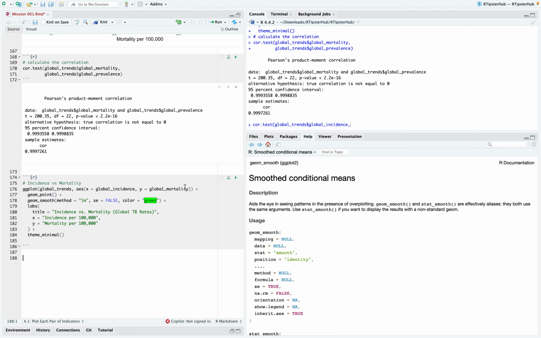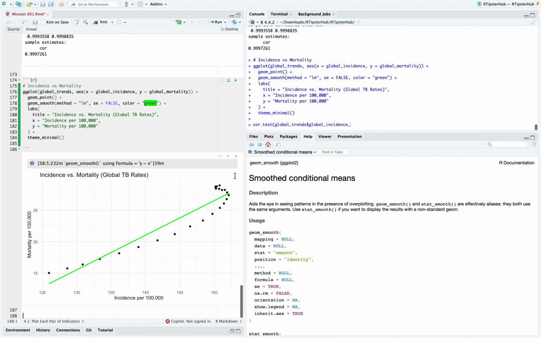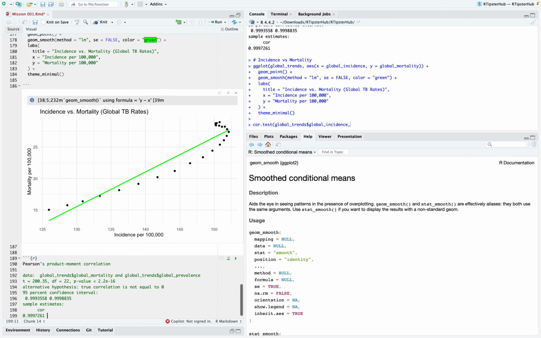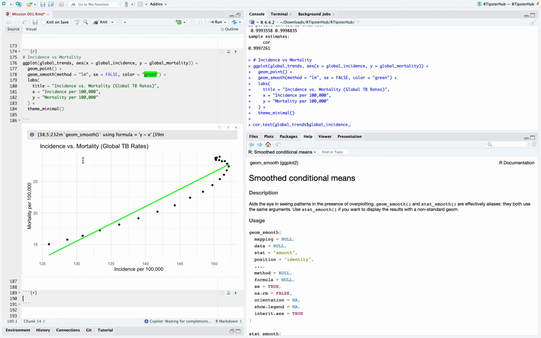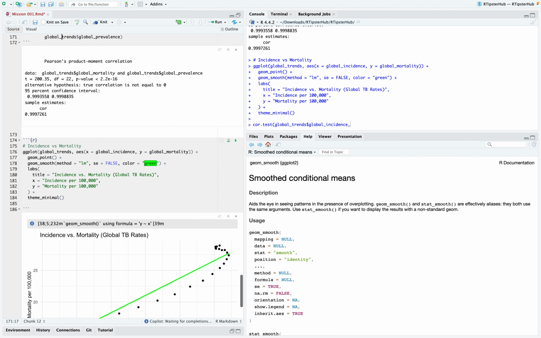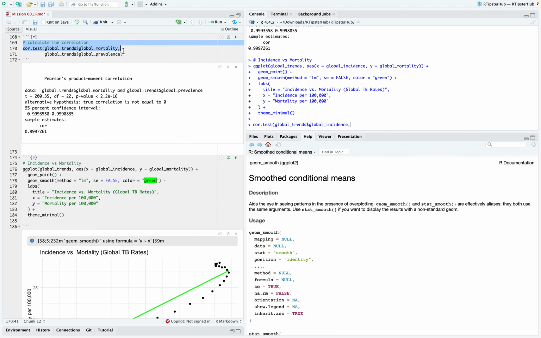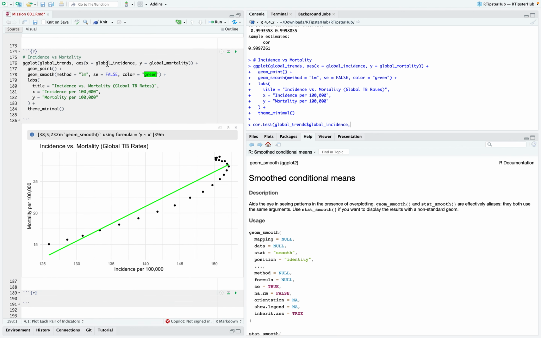And then the last one is incidence versus mortality, and if we look at the correlation as well, yeah, also somewhat positive, direct.